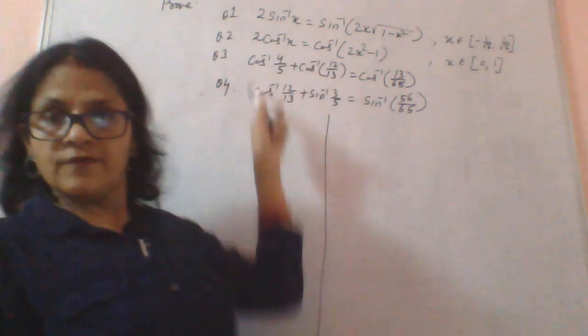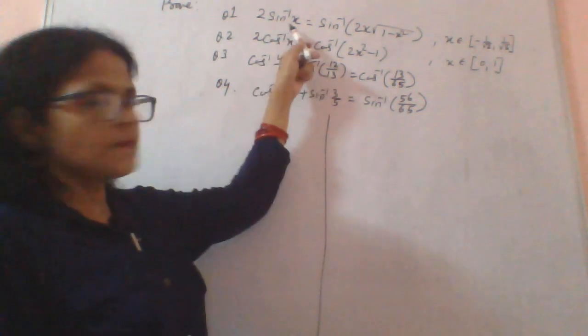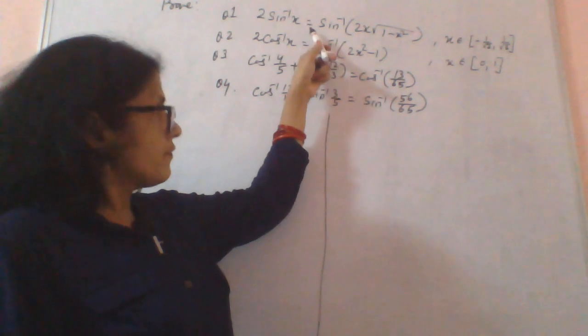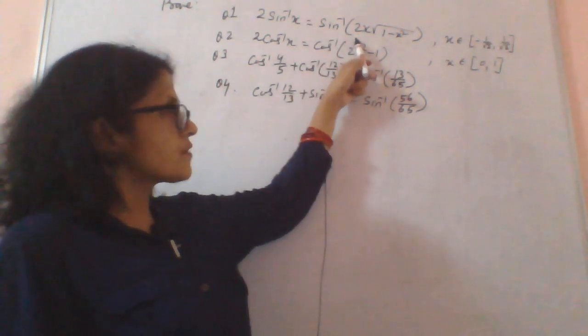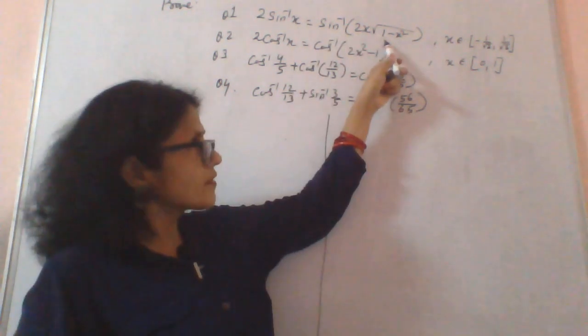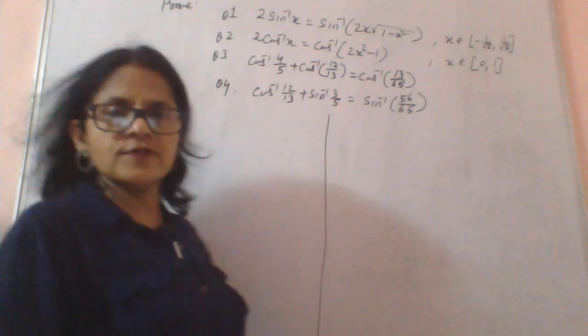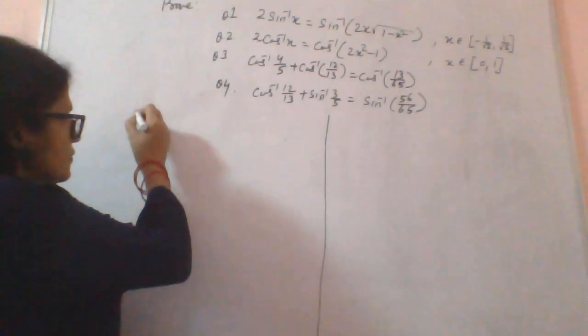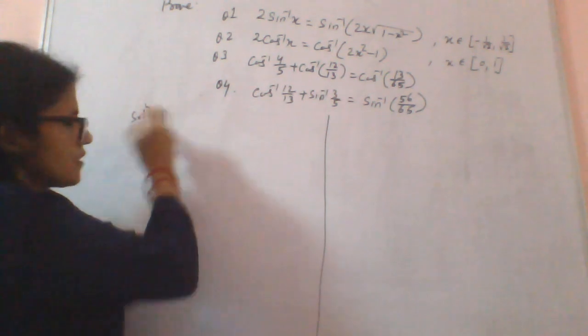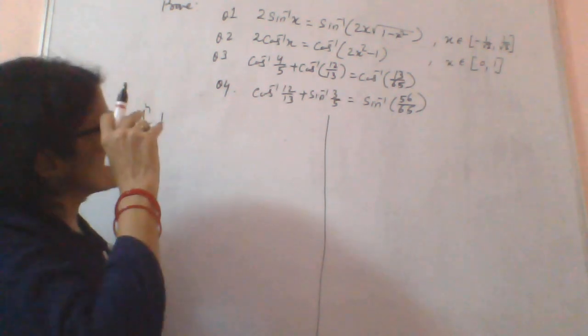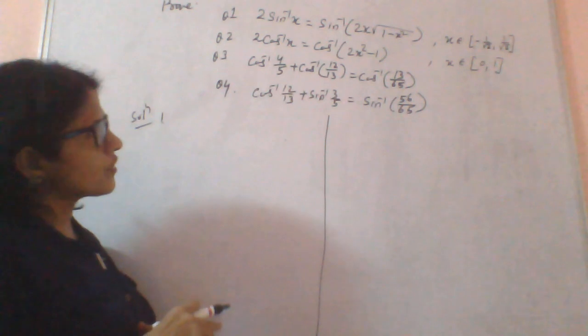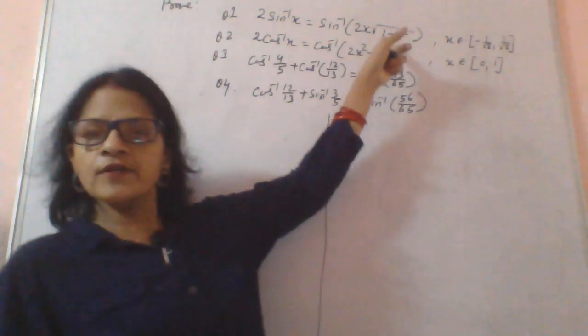Prove these 4 questions, right? First part is 2 sin inverse x equals sin inverse of 2x into under root 1 minus x square. So the solution for the first part: we are given 2 sin inverse x equal to sin inverse of something.